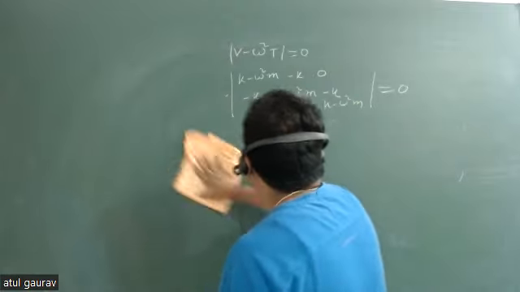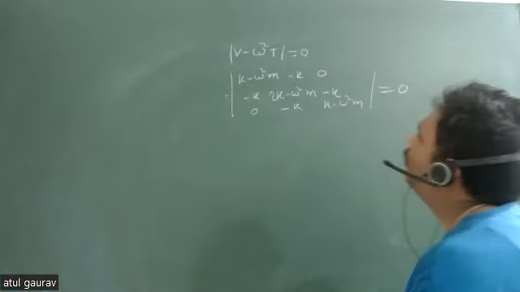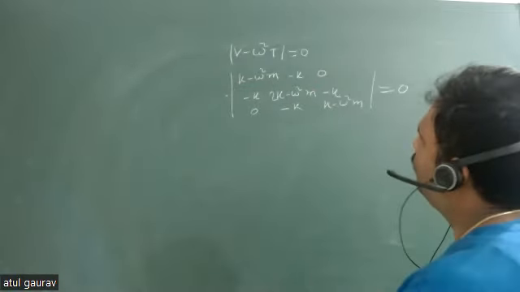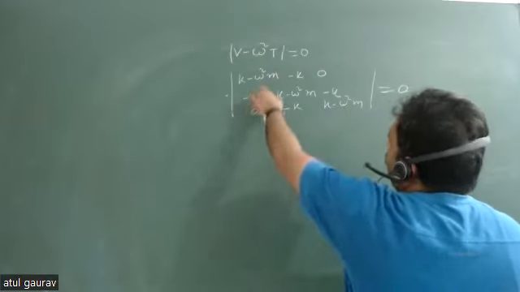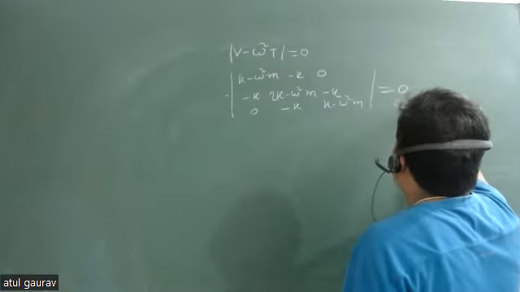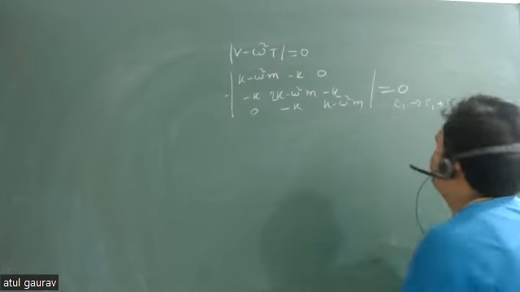While solving the determinant, please revise your plus 2 level properties. We will use some property. Taking columns, I go for C1 equal to C1 plus C2 plus C3.